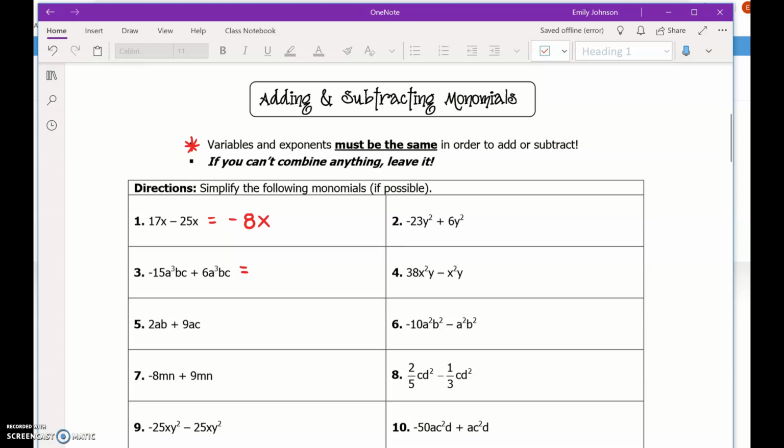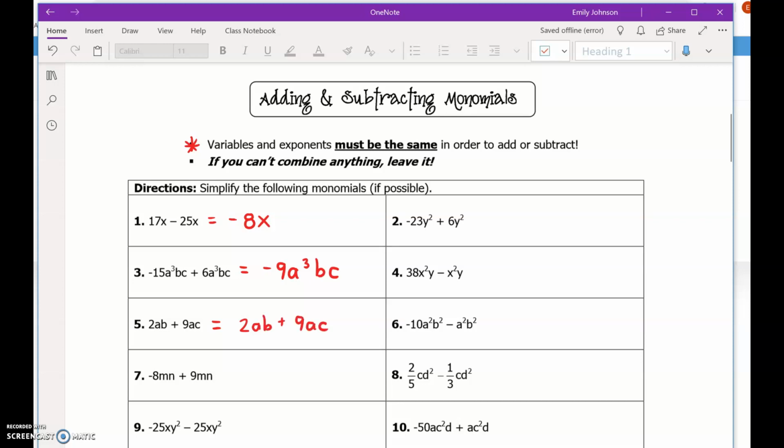In number 3, the variables and exponents match, so you're allowed to add -15 to a +6, and that would equal -9a^3bc. Notice I didn't change the variable or exponents. Now in number 5, you have the letters ab and ac. Those are not the same. So in this case, it is already simplified. I am just going to leave it.